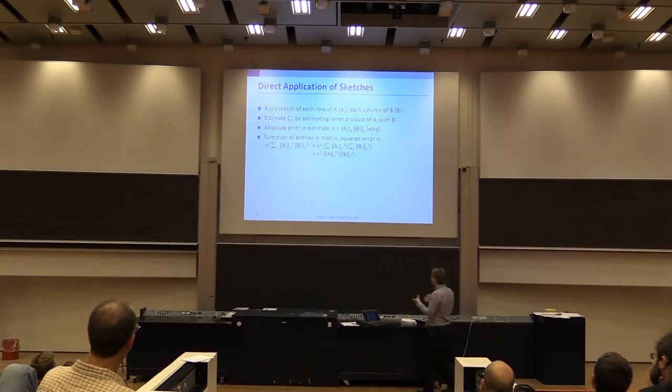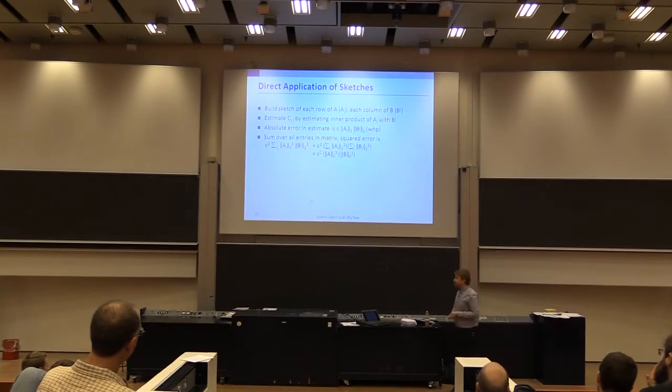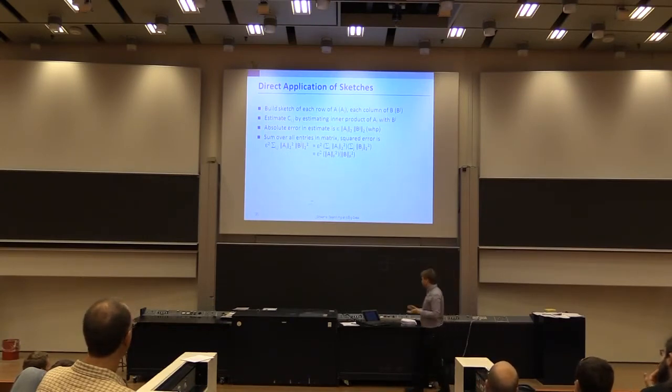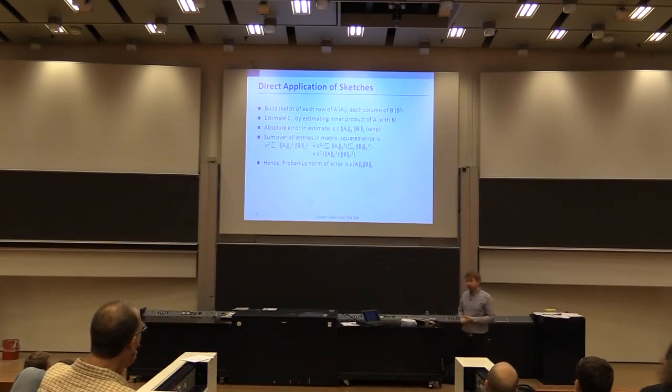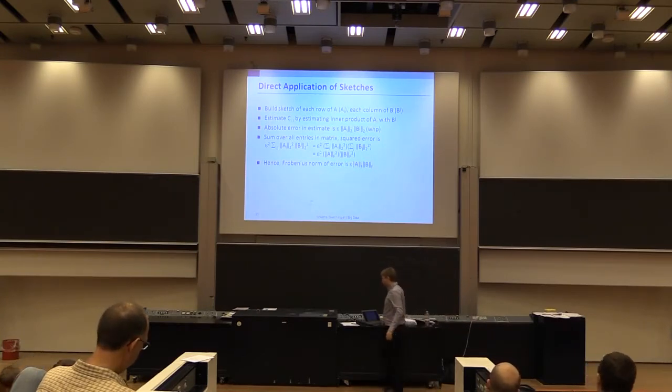Because if I square this error over all entries in the matrix, I'm summing over all entries ij of that row norm squared times that column norm squared. When I add that up, what I get is an error in terms of the product of the Frobenius norms of the two input matrices. So the Frobenius norm of the error in the product, I can state in terms of the product of the Frobenius norms of the two input matrices.